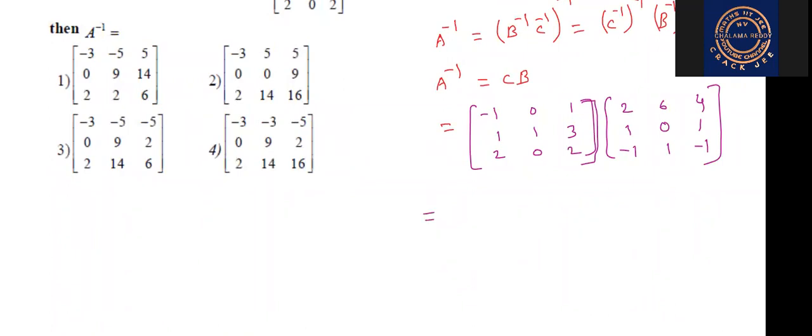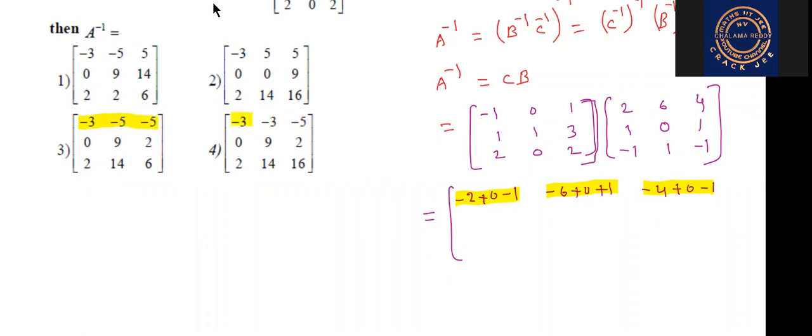How to do the product you know very well. First row, first column, what will come? Minus 2, 0, minus 1. First row, second column, minus 6, 0, plus 1. First row, third column, minus 4, 0, minus 1. Now observe here: this value is minus 3, this is minus 5, minus 5.